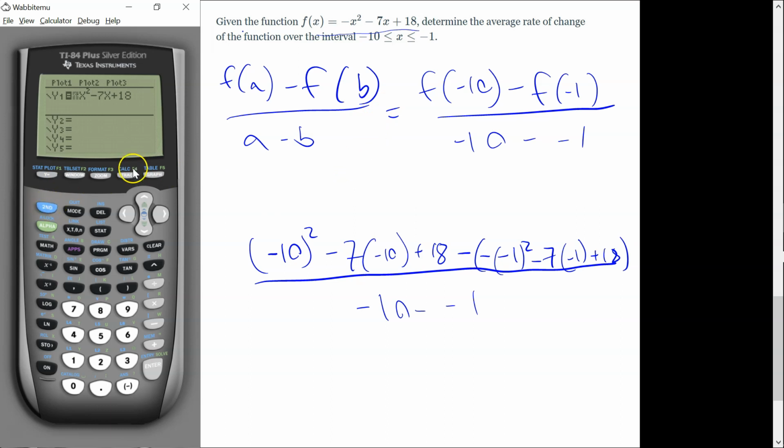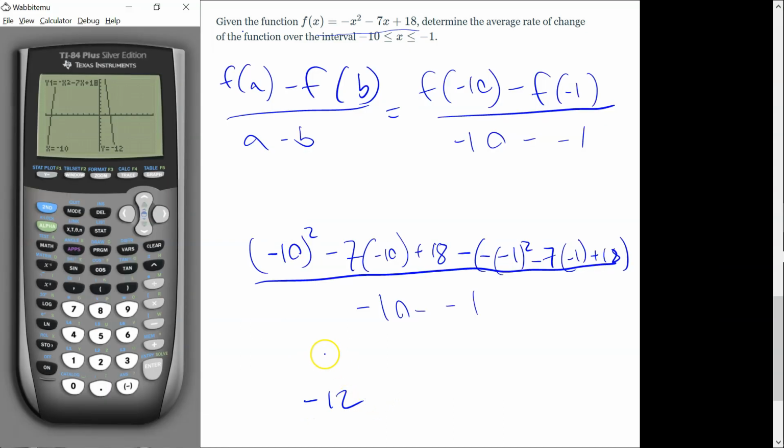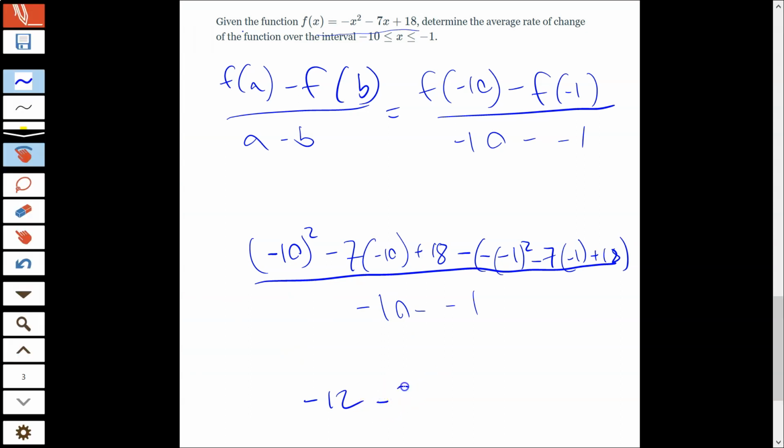So I'm going to do second calc value, and then type in negative 10, and I get negative 12 was my first one. And then I'm going to do negative 1, and I get 24. So negative 12 minus 24. And on the bottom I have negative 10 minus a negative 1.